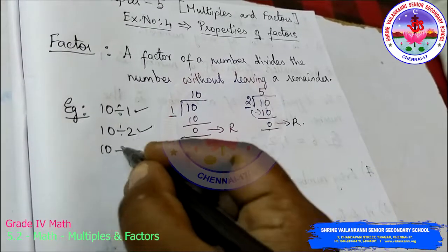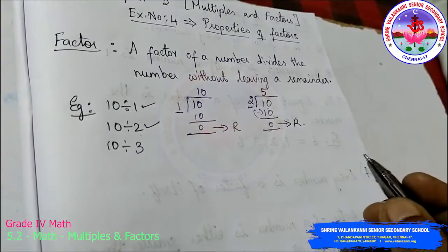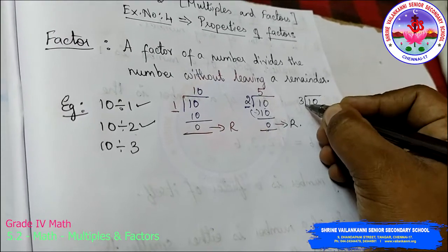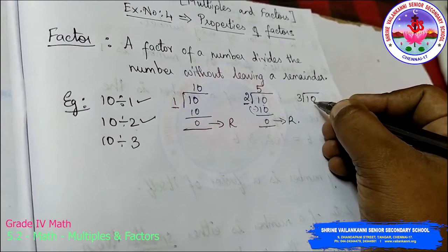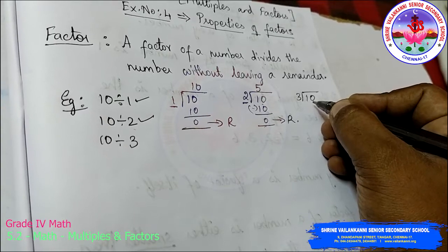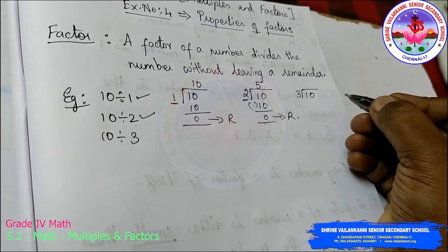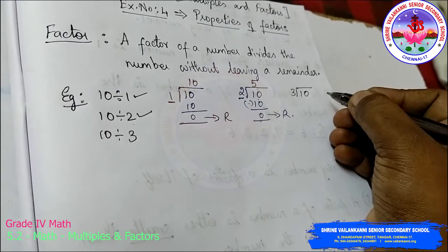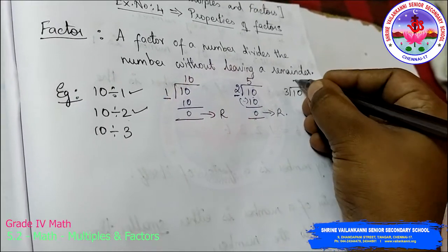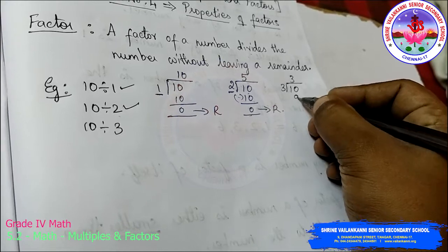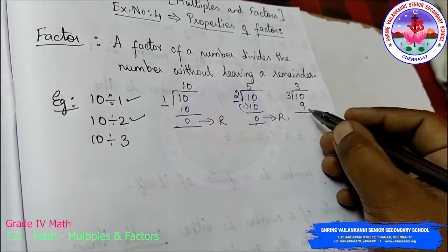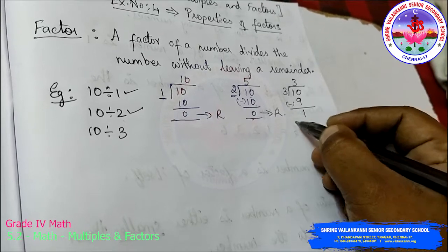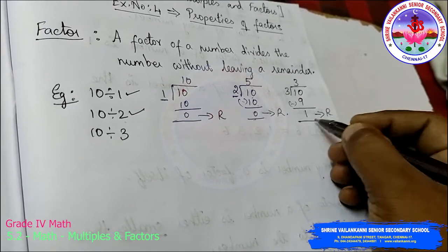Next, I am going to check with 3. Just check in the 3 table how many times you will get 10. You will not get 10 in the 3 table, so consider the number below 10. In the 3 table, 3 3s are 9. If you subtract, 10 minus 9 gives 1, which is the remainder 1.